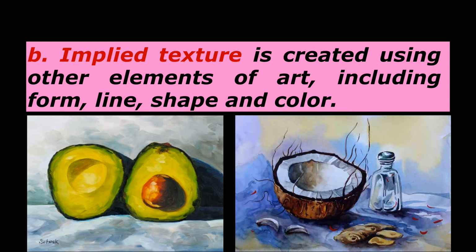Letter B, implied texture, is created using other elements of art, including form, line, shape, and color. This one is so different from actual texture because here, you are the one to create the texture through drawing or painting, using line, form, shape, and color to emphasize the texture of your object.